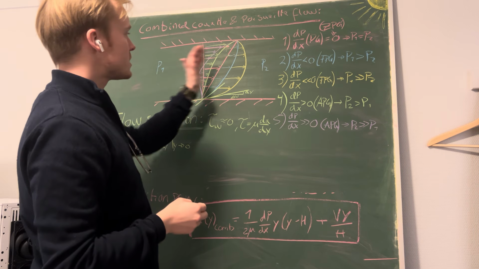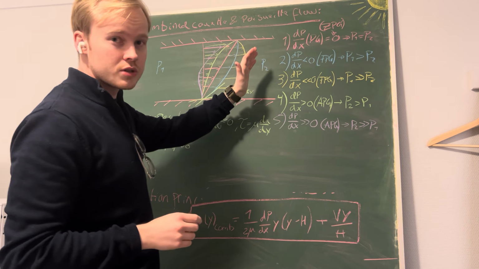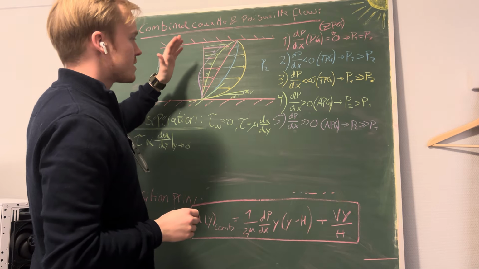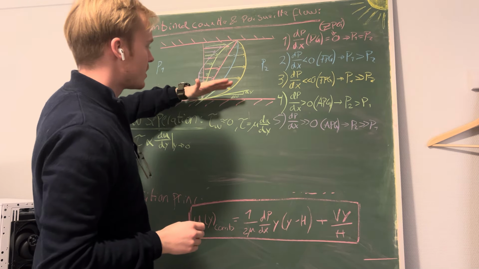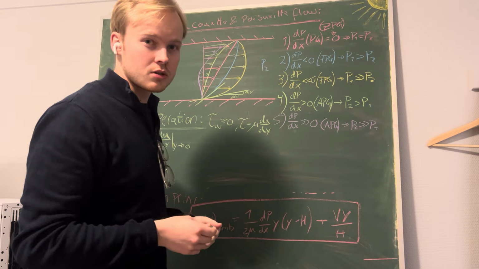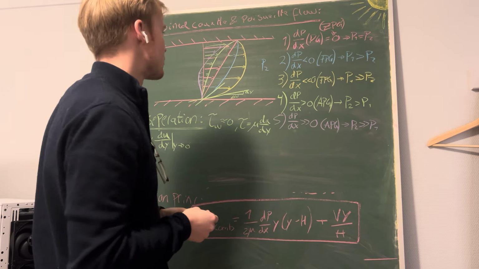When we increase the favorable pressure gradient, we push more fluid through the pipe or the section, but it comes at a cost: the velocity profile has a steeper gradient near the wall, which means more friction, more losses. So that's something you have to accommodate for.